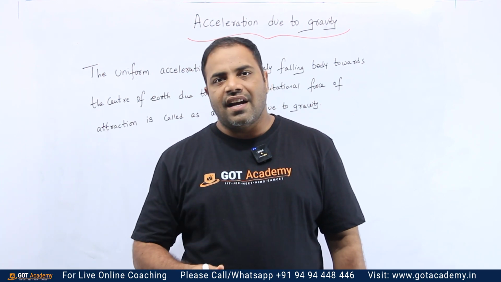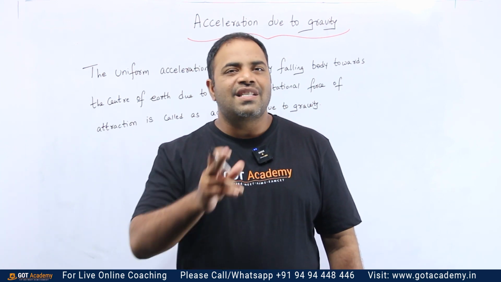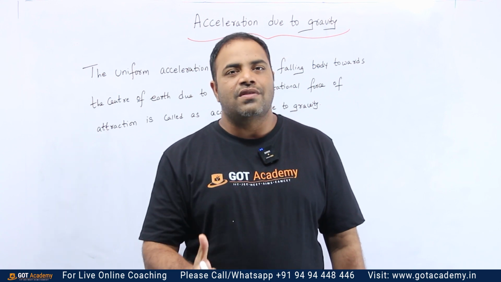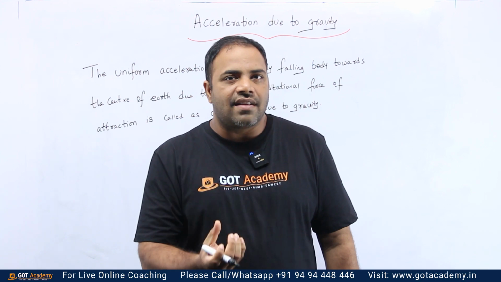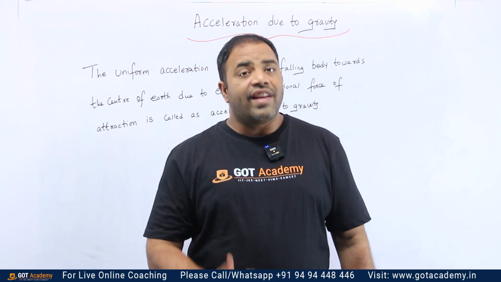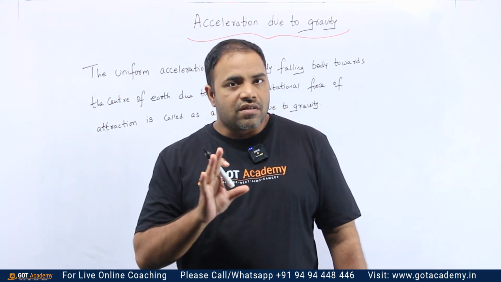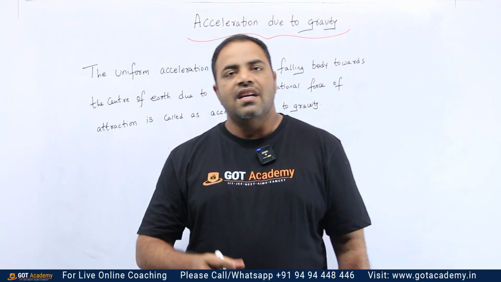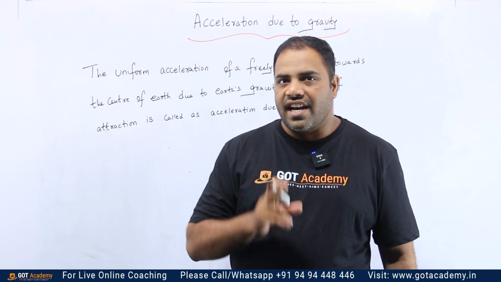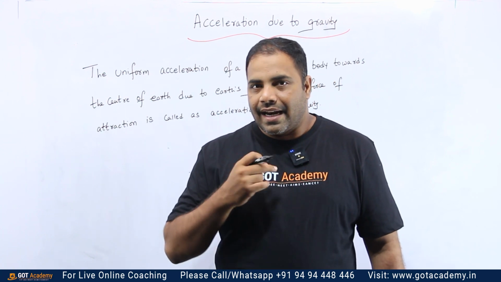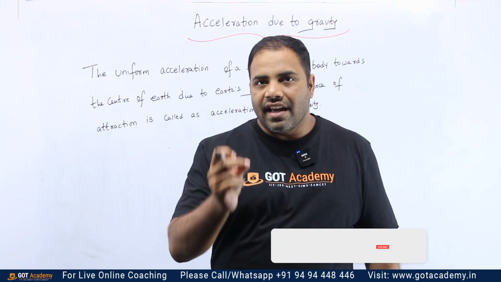It is moving towards the earth just because there is a gravitational force attracting the body, towards the center of the earth. That kind of acceleration is called acceleration due to gravity. And once again, it is constant at any given place.